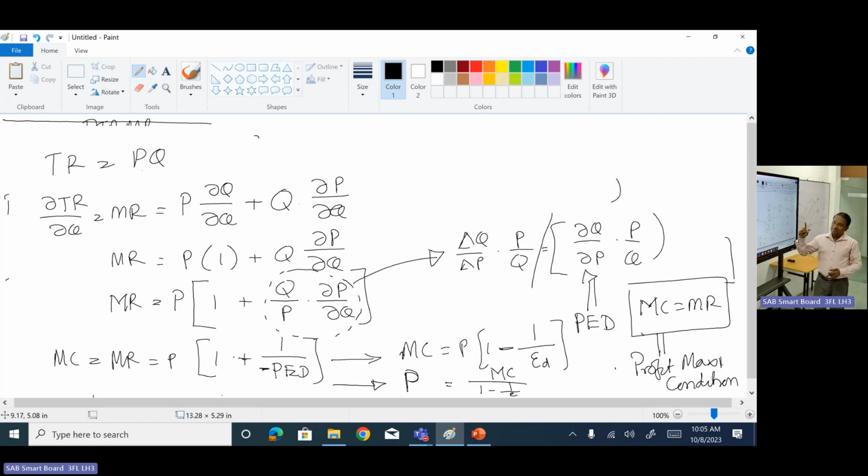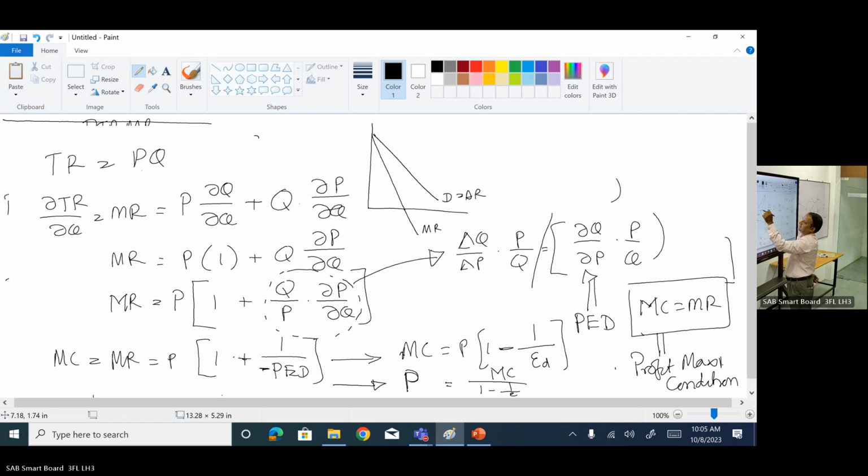Now you can check. Do you remember we drew the curve there? This one is the demand curve, that means average revenue. This is the marginal revenue. At this point, you know that the price elasticity equals 1. Now check if the price elasticity of demand equals 1, what happens? 1 minus 1 divided by 1 becomes 0.